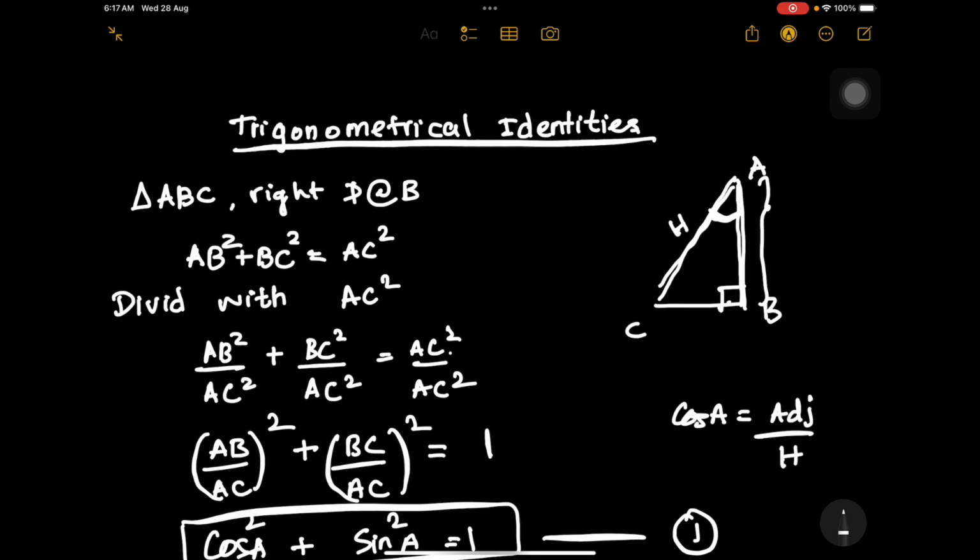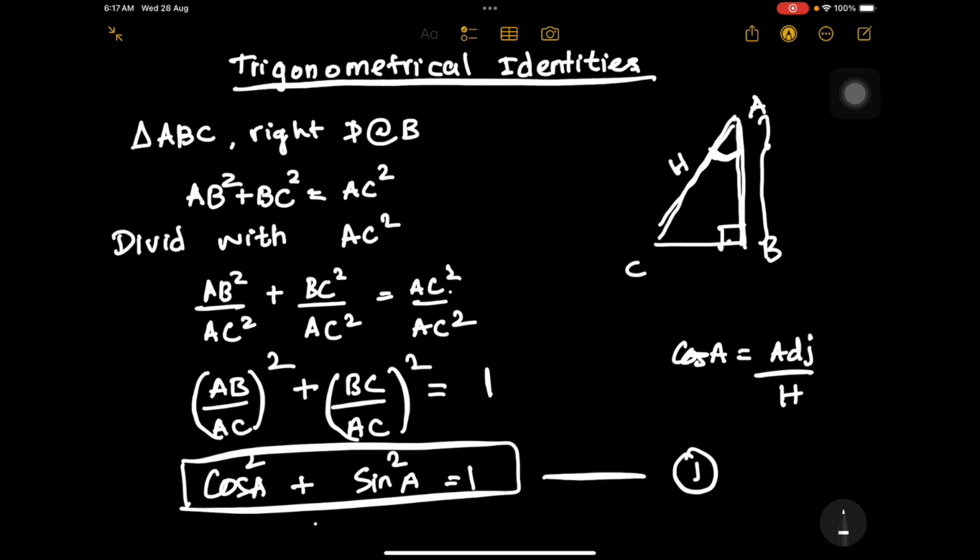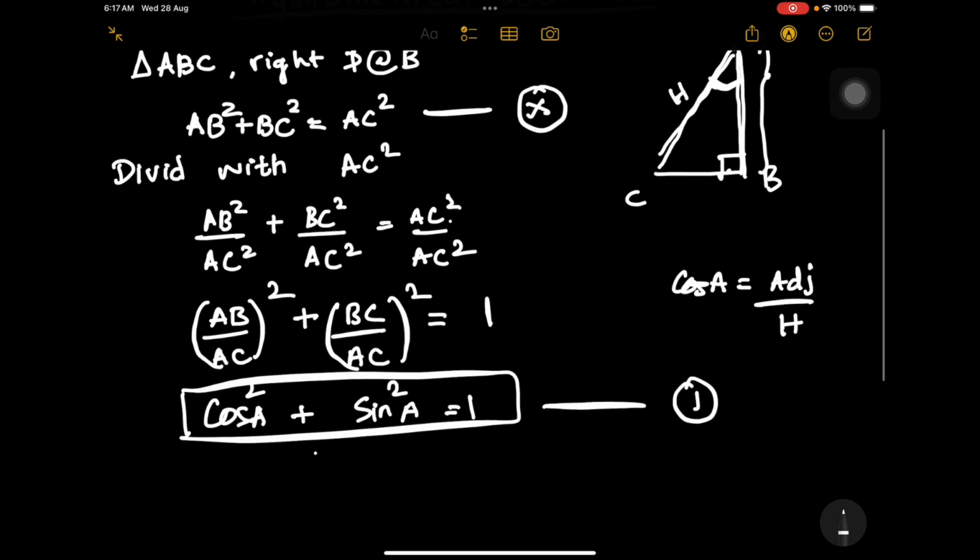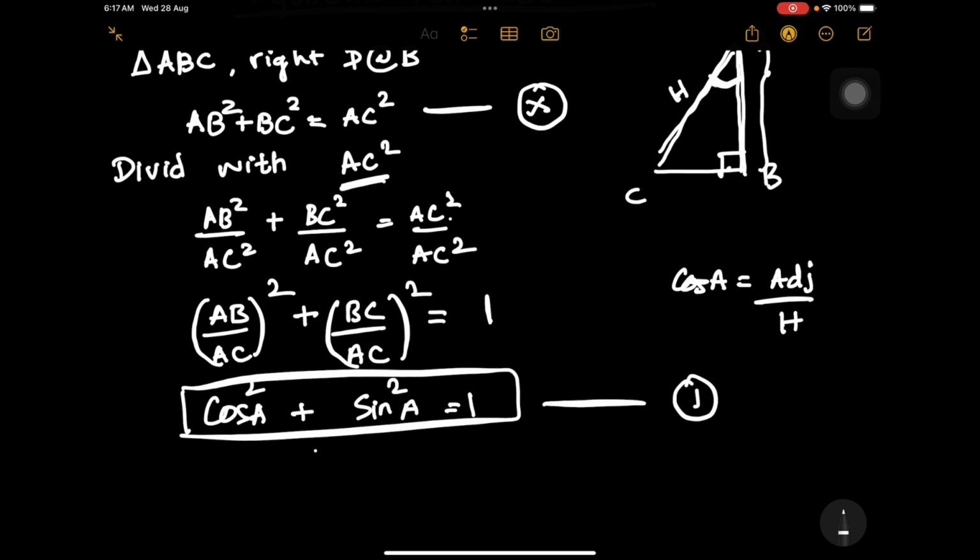Let's say this equation's name is x. This equation x we are going to divide by AB squared instead of AC squared, and let's see what we will get.